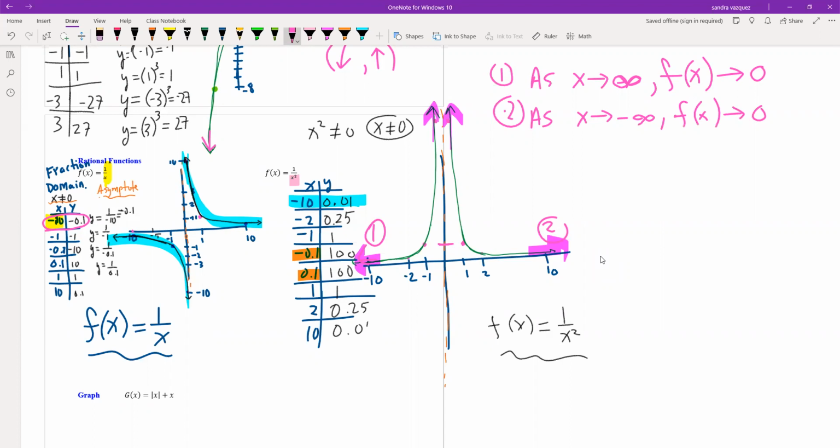What's happening in the middle is that I'm approaching no longer the infinity part, but I'm approaching the 0, which is this one right here. I'm getting close to this point right here, yeah? Okay, so I'm gonna label it 3.